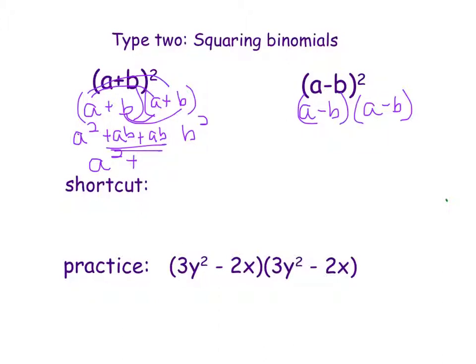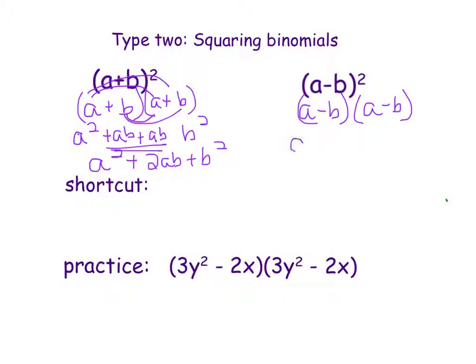So a squared plus, I find the product of the first and the last, ab, oops, and I have to double it. So plus b squared.